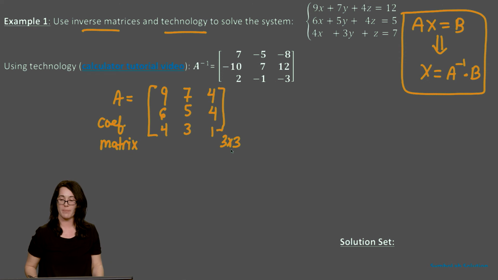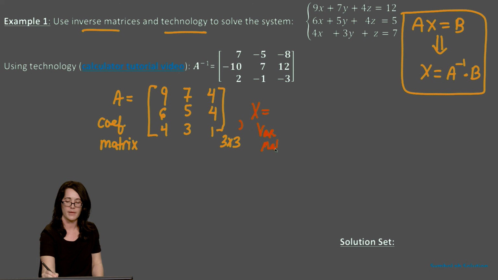And then we're talking about matrix X. I'll get another color, maybe red here. Here we go. So matrix X is defined to be the variable matrix. So the variable matrix has to have 3 rows, that's right, and 1 column it looks like, because there's only 3 variables, little x, little y, and little z.